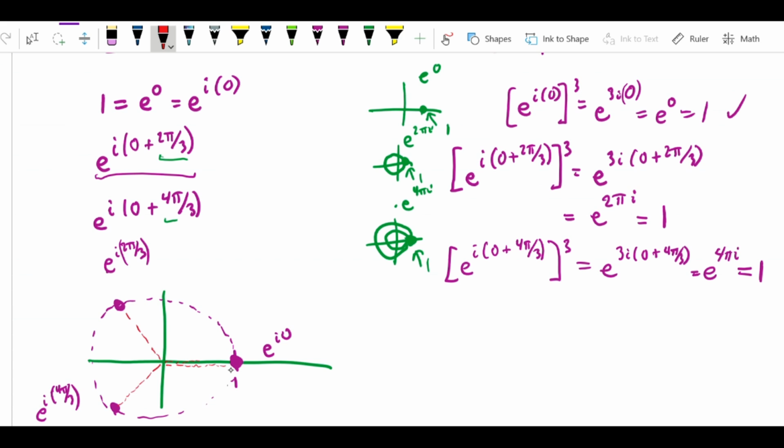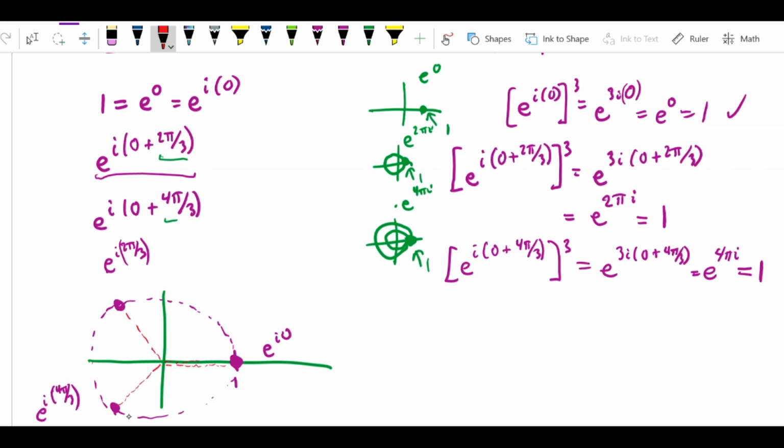So this suggests why I've been writing these as 0 plus 2 pi over 3, 0 plus 4 pi over 3. We start with the obvious cube root of 1, and then we add an angle that takes us a third of the way around the unit circle to get to the other one.